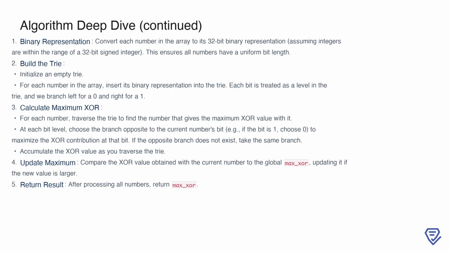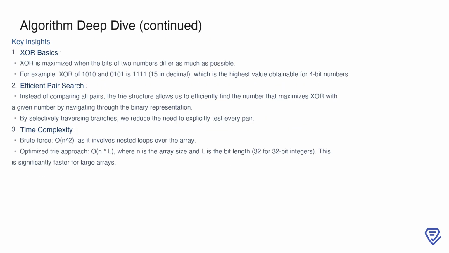If the opposite branch is unavailable, we follow the same branch. As we traverse, we accumulate the XOR value and compare it to the global max_XOR, updating it if the new value is larger. Once all numbers are processed, the global maximum XOR value is returned. Let's explore some key insights that make this approach work.